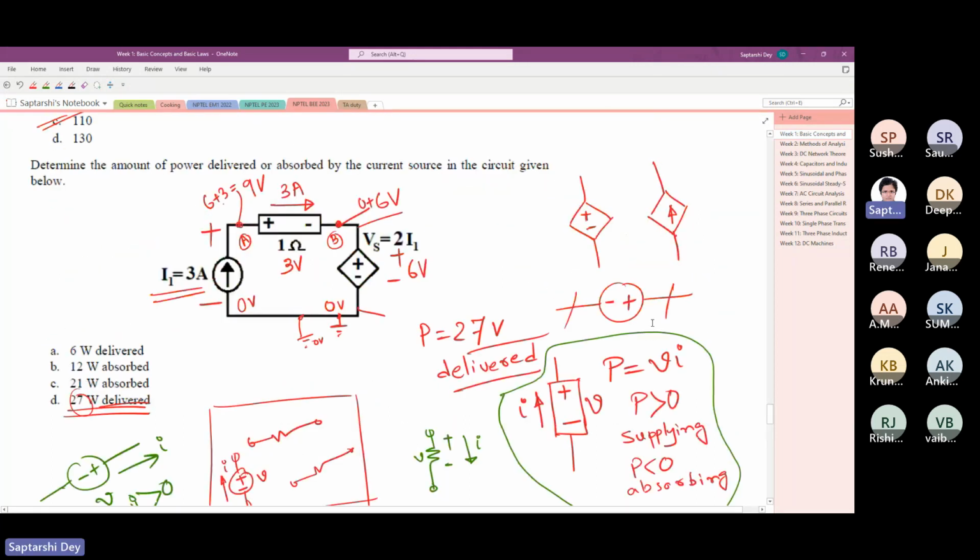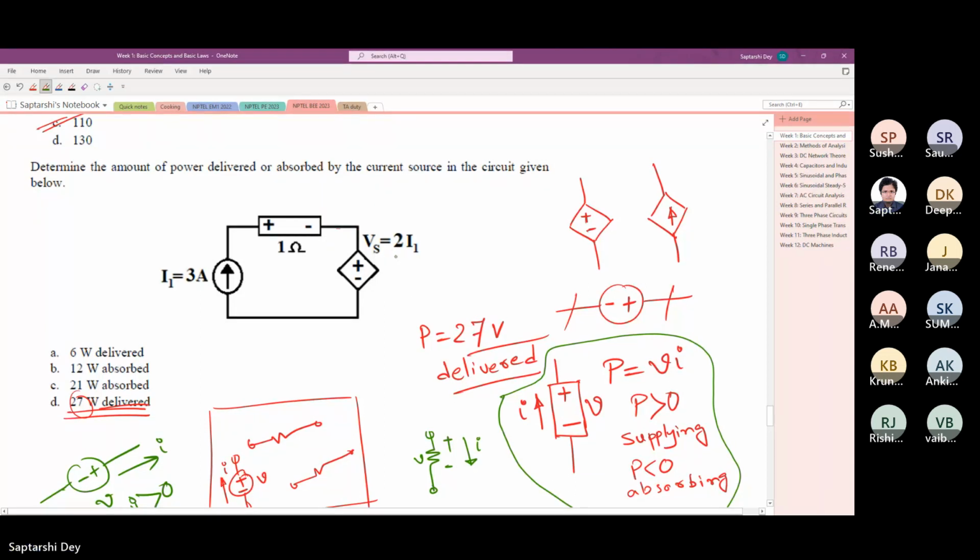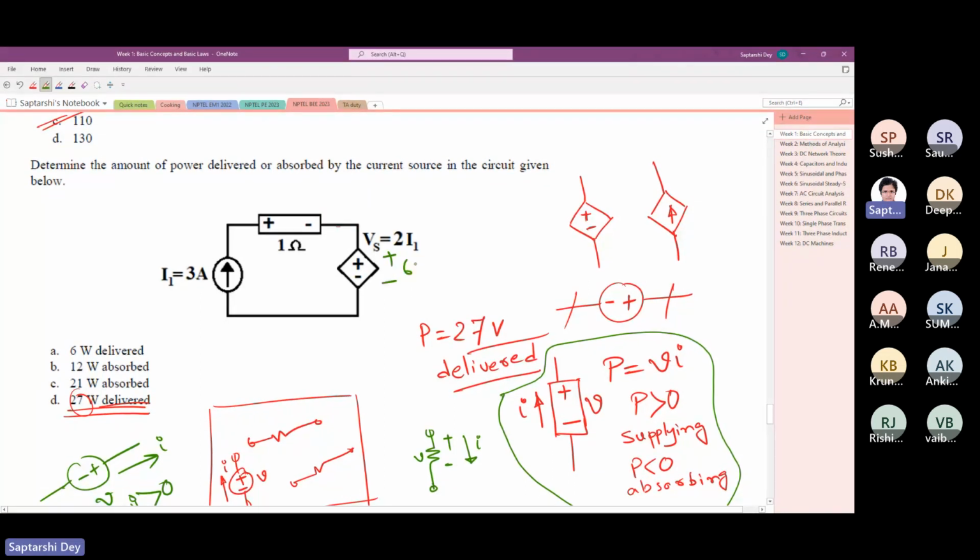We'll do this problem the same way, but I will just show you. It doesn't matter where you take your zero voltage assumption, but some things do not change. What are the things that do not change? That this will always create a 6 volt.